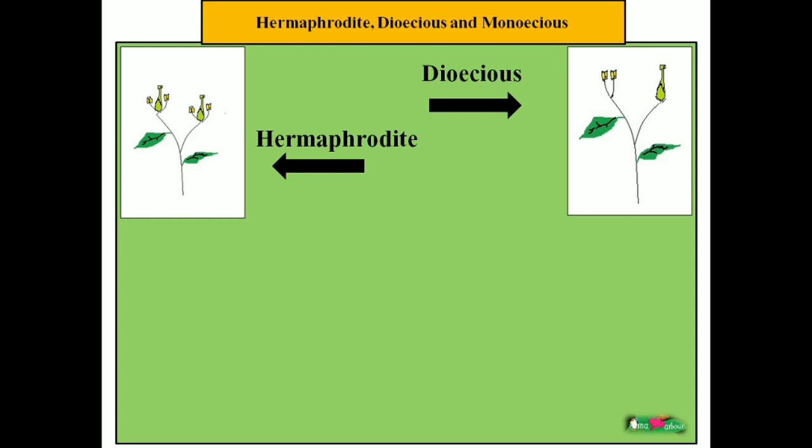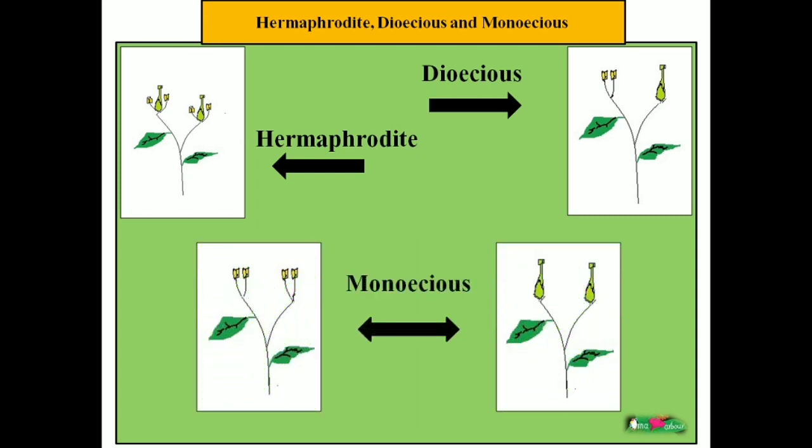You can see it in the picture. Then monoecious, in which either male or female flowers are present, meaning male and female flowers are found on the same plant. So that is regarding all the basic sexuality found in flowers.